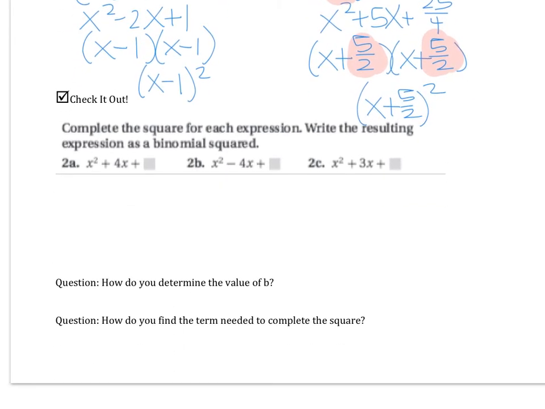Go ahead and try to check it out. Again, all you're doing is the exact same thing I just did in those two examples.